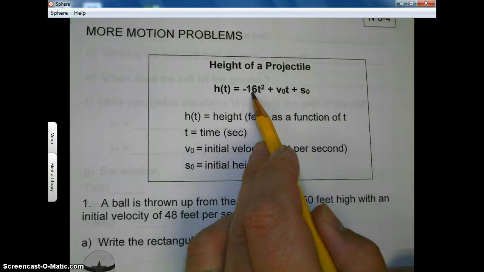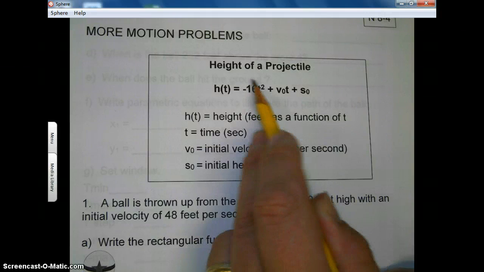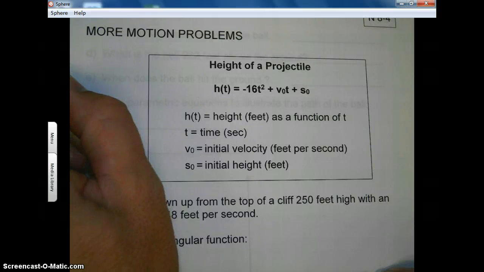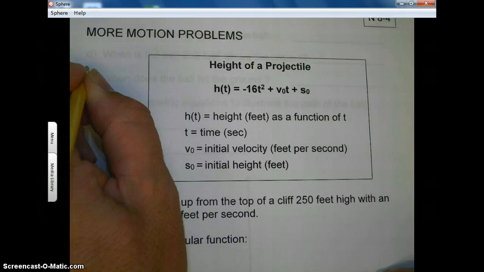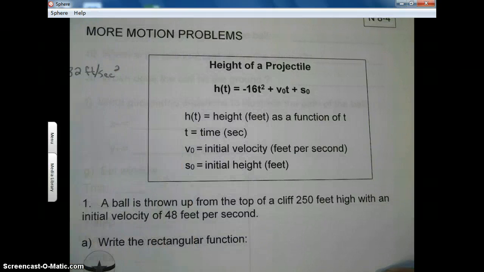This number right here is going to represent our acceleration due to gravity. We come up with that number. As we know, gravity pulls objects at 32 feet per second squared.